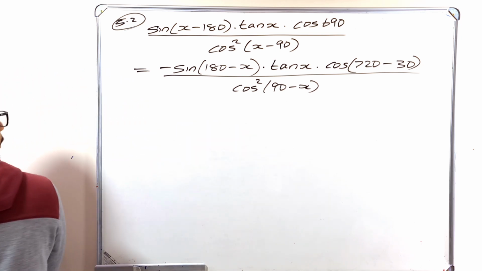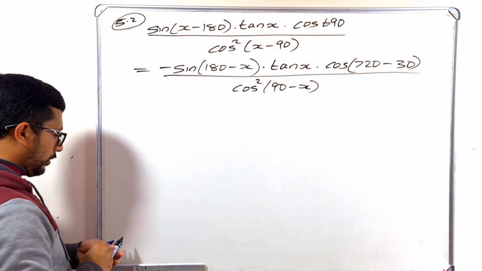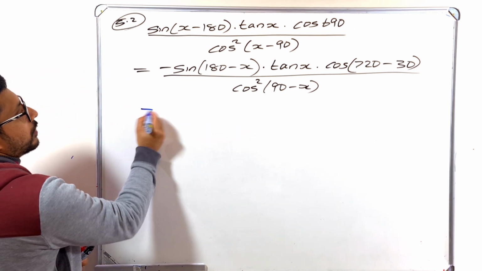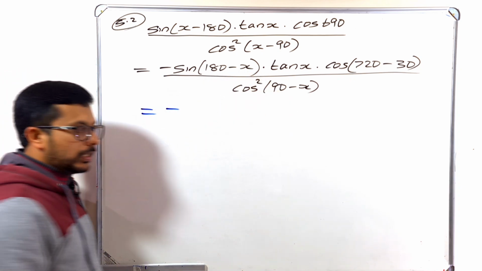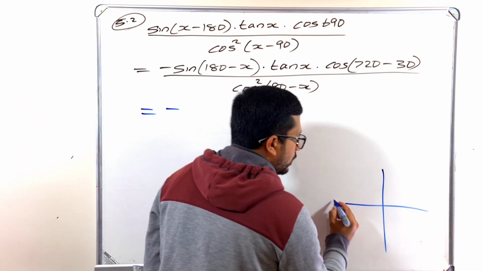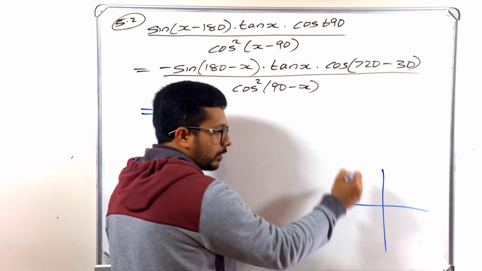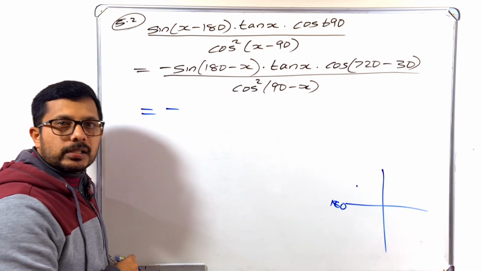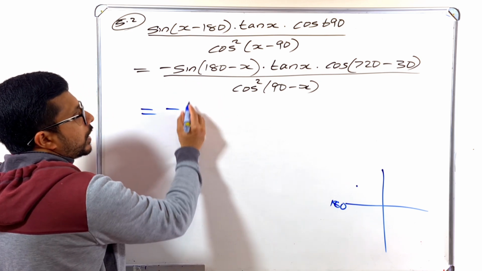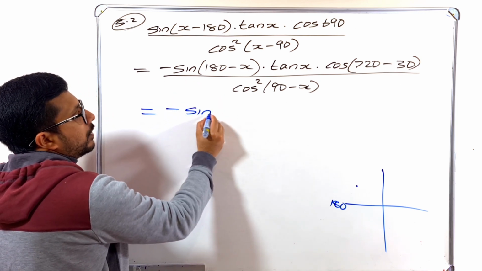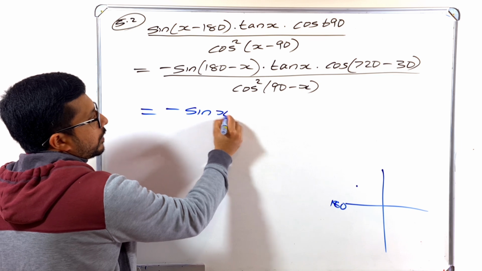Okay, next step. So this one is equal to minus sine of 180 minus x. Which quadrant is that? This is 180. 180 minus means second quadrant. Second quadrant sine is positive. So here also sine x.